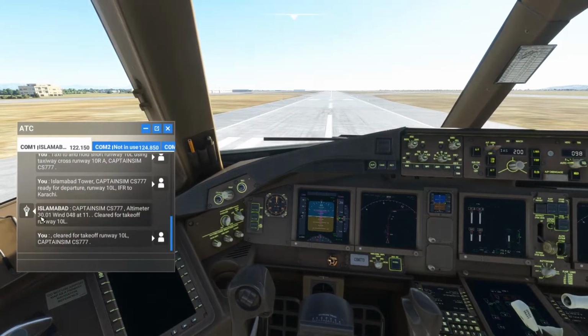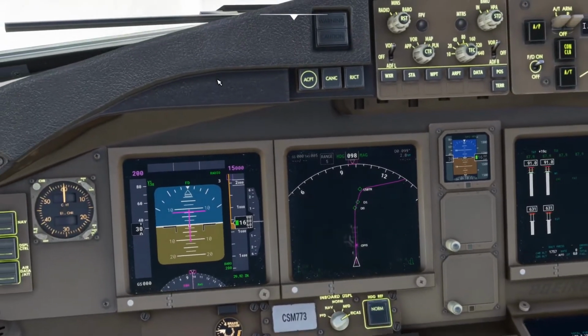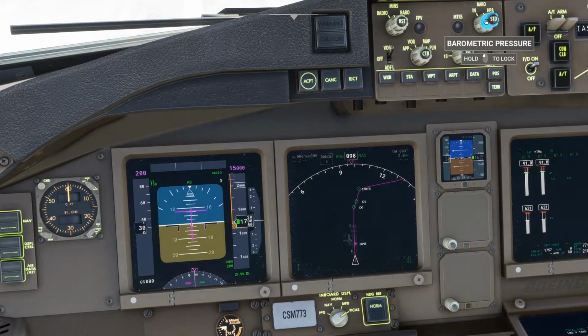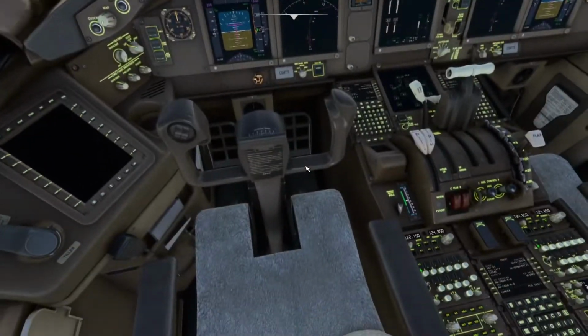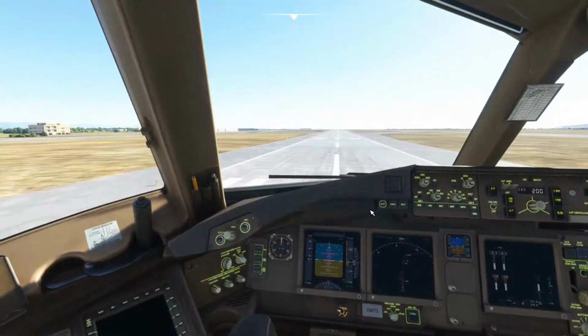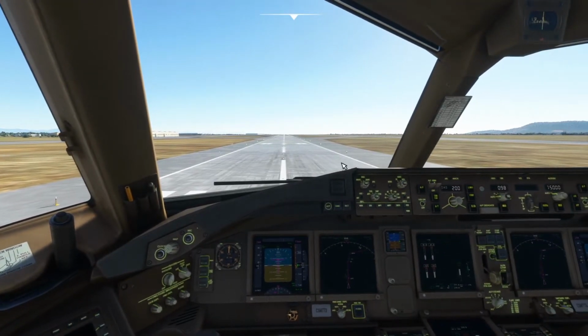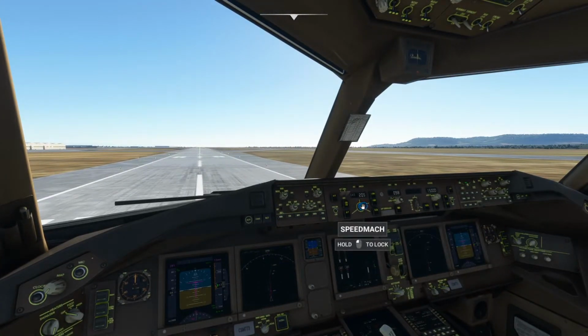Okay, so the altimeter is 30.01. Let's set it to 30.01. Okay, so you can see over here that it's 30.01. Okay, release thrust is idle. Release the parking brakes. So 15,000 feet, speed should be 230 below 10,000, so I will keep it at 230.